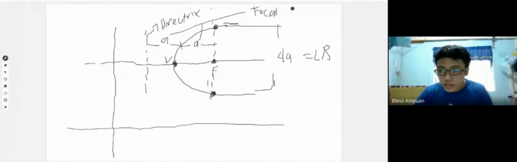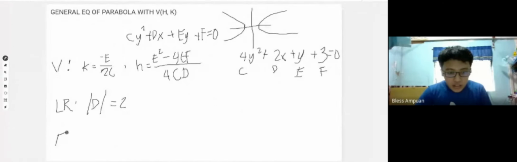The focal length is a. Therefore, the latus rectum is 4 times the focal length. To solve for the focal length, our a is equal to the absolute value of d over 4. This is how to solve for the focal length a of the parabola.